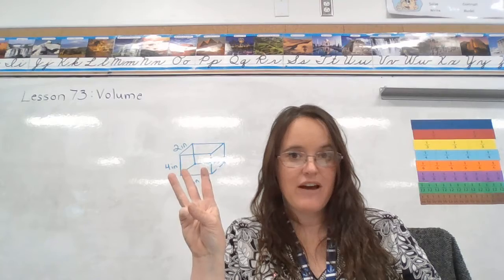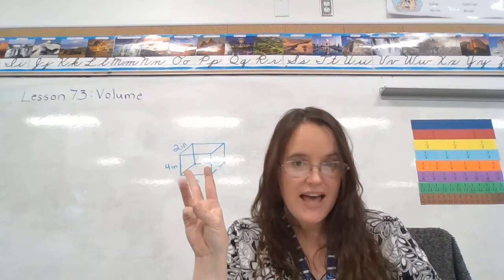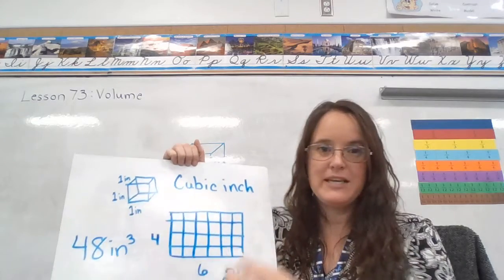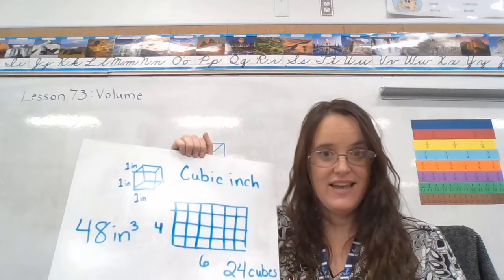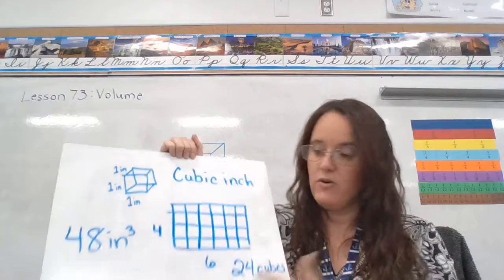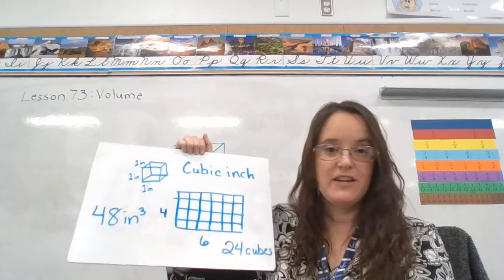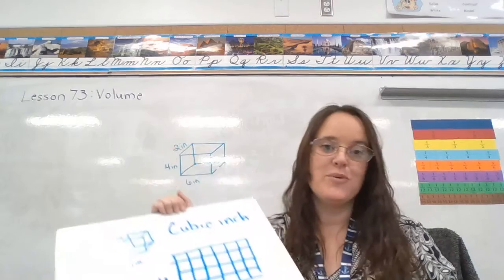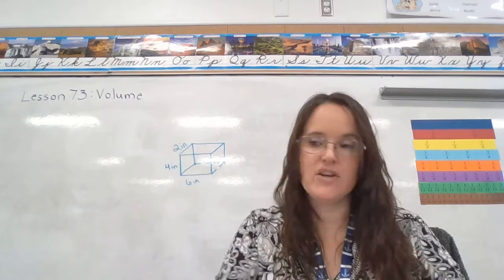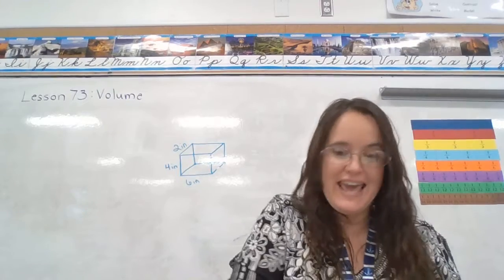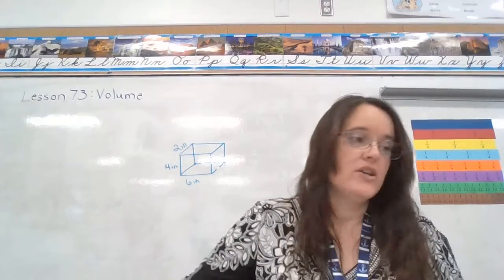So now we have to figure out our length, our width, our height, and then we think about how many one layer would be. Then we multiply that, or in this case, we just added 24 plus 24 to figure out what both layers would be. Okay, so volume is talking about length, width, and height.